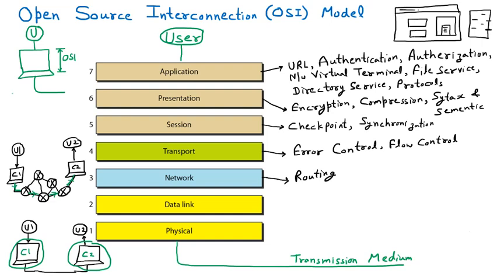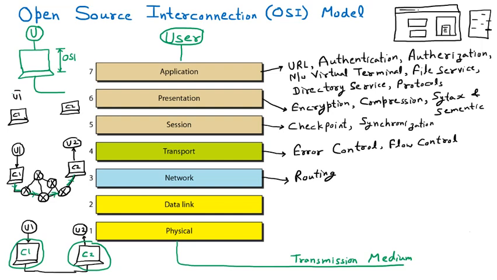I am taking the data link layer. To understand the data link layer, I am again taking the same example. Let us suppose that you have the system C1, same example I am opting, and I have the system C2.